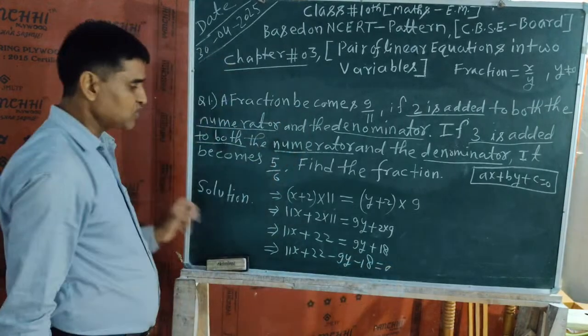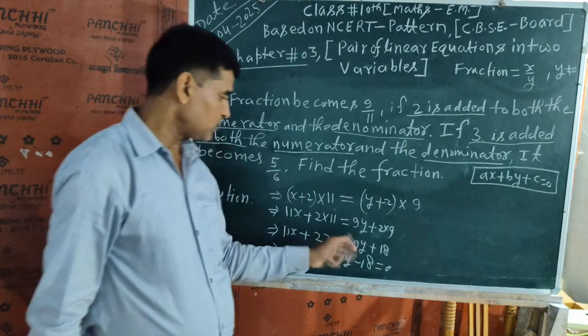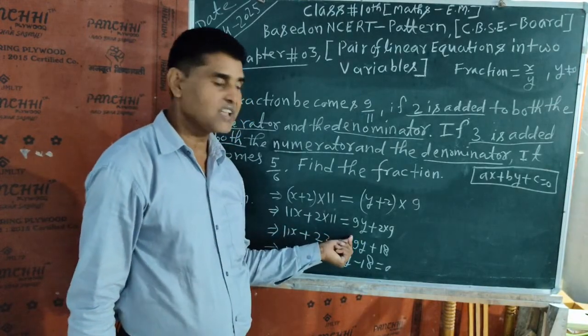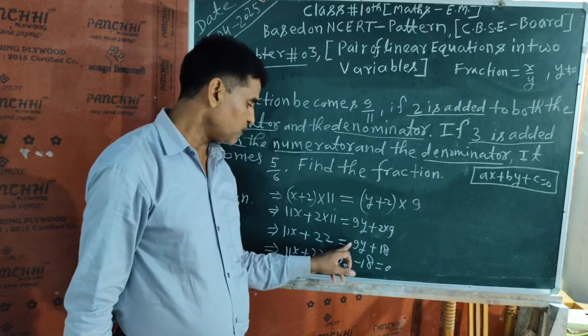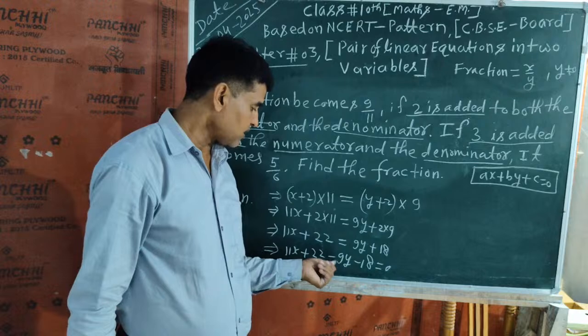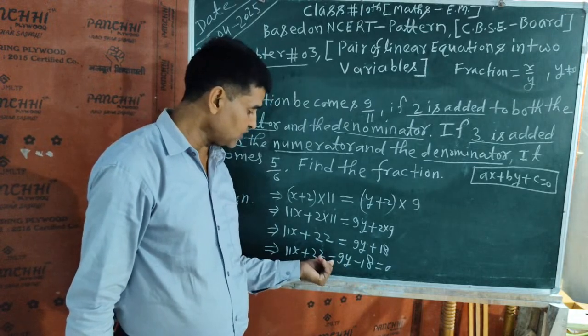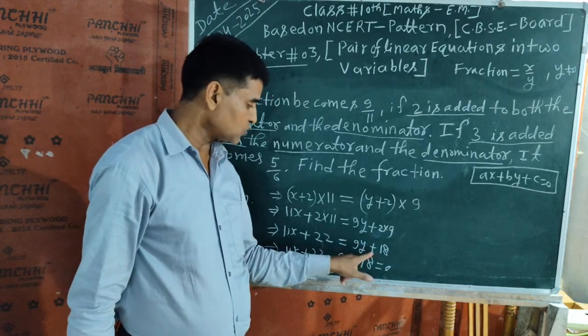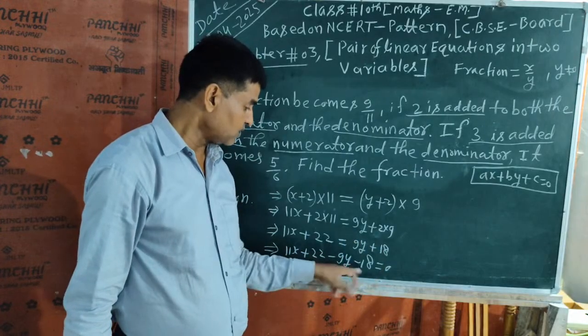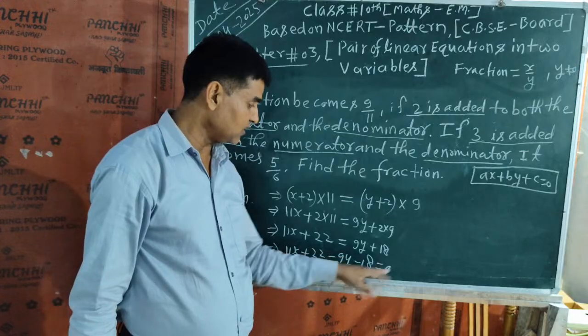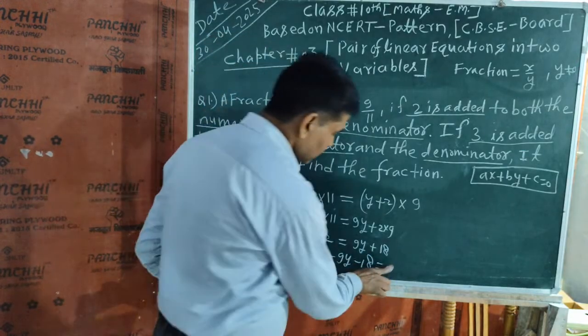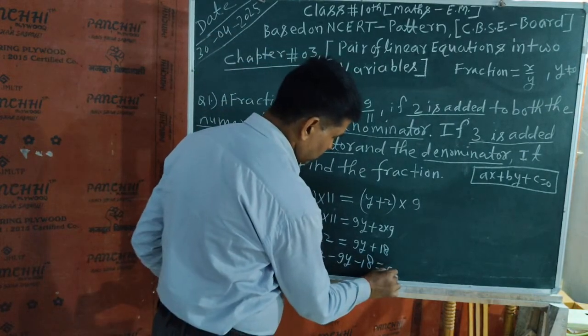The student has to concentrate on this point: this 9y has a plus sign, and when it comes to the left-hand side it changes its sign to minus. Here also a plus sign is available, so it also changes sign and becomes negative. On the right-hand side there is no term, so I put 0.